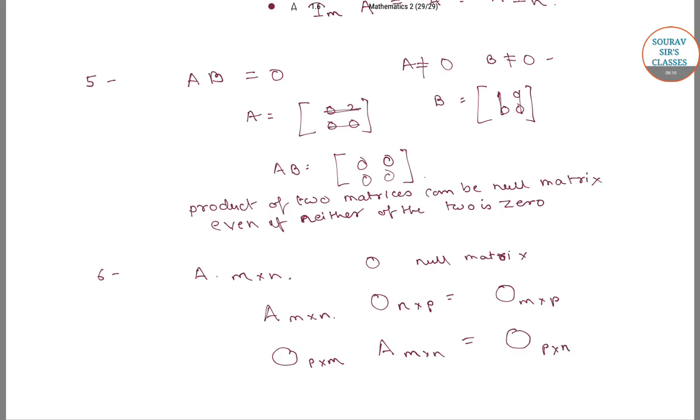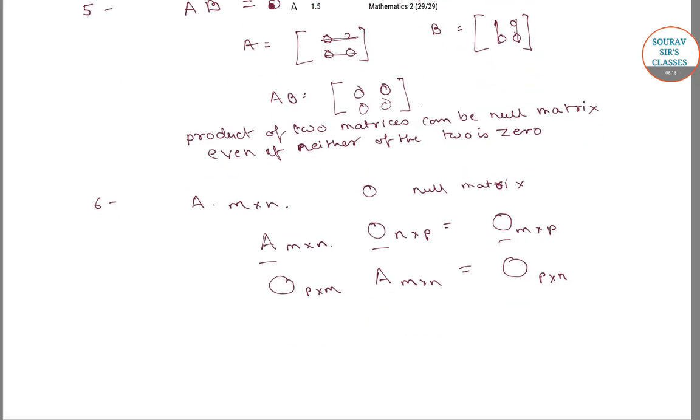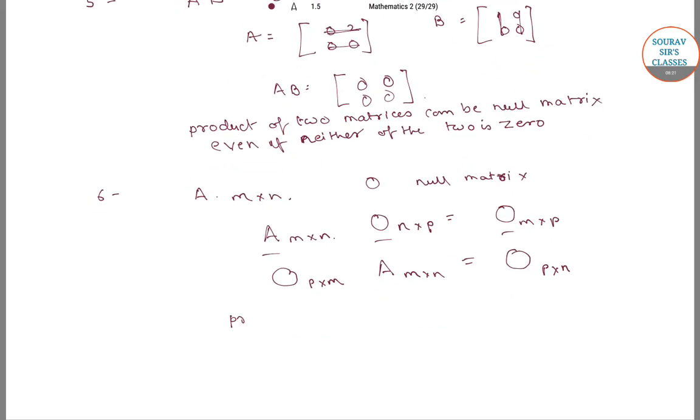That is, the product of a matrix with a null matrix is always a null matrix.